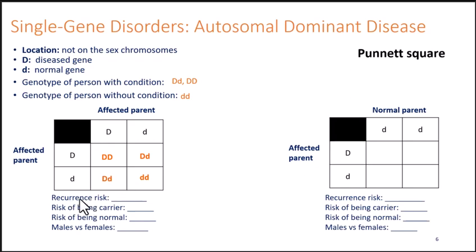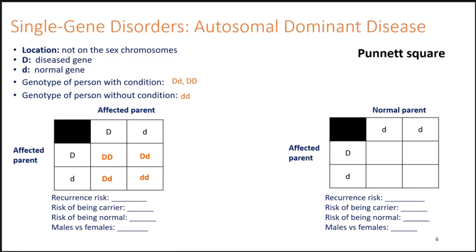So starting with recurrence risk, remember recurrence risk is the probability that an individual will develop a disease. So say you have 2 affected parents that want to know what the chances are that their child will inherit the disease that they have, a Punnett square can be done to determine that. And remember that the recurrence risk is the same for each child that they have.